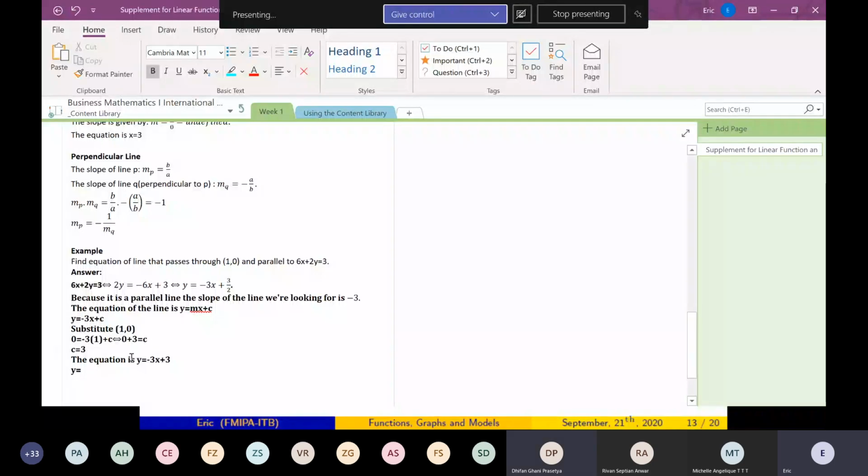Is that right? With 1, 0, if I substitute 1, minus 3 plus 3 is 0. Very good. Okay, let's try another example for the perpendicular one.